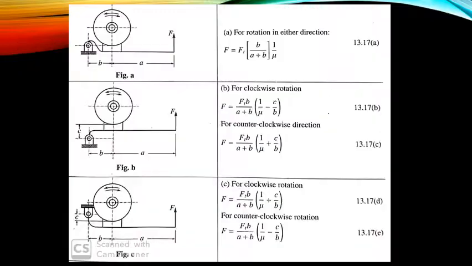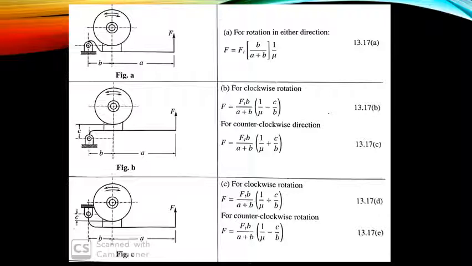This is given by. So in this slide you can see the three cases together as given in the design data handbook. The first case, the tangential force passing through the fulcrum point O, and for both clockwise as well as counterclockwise we have the same formula, F is equal to Ft into B by A plus B into 1 by mu, given by 13.17a.